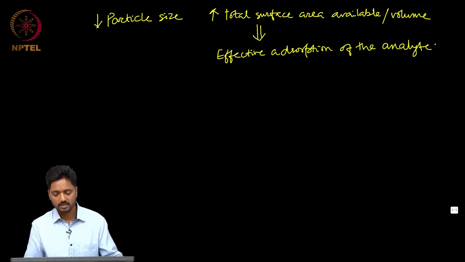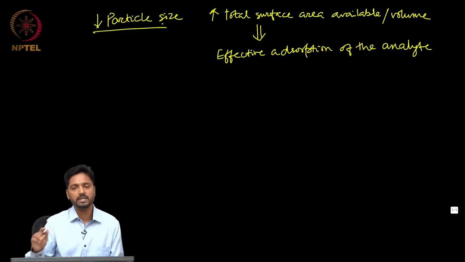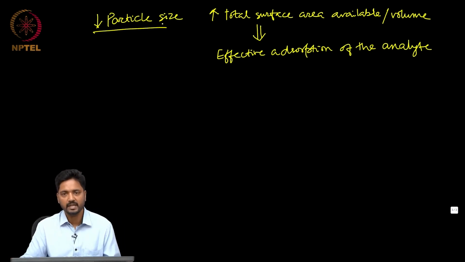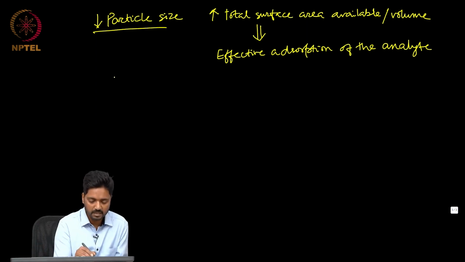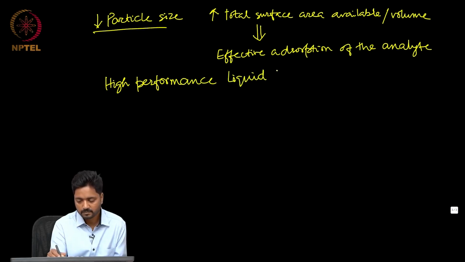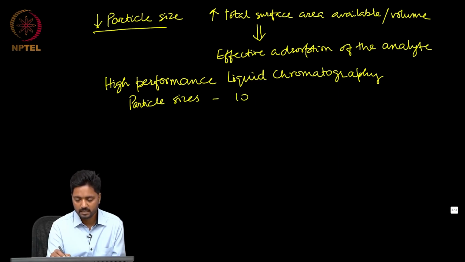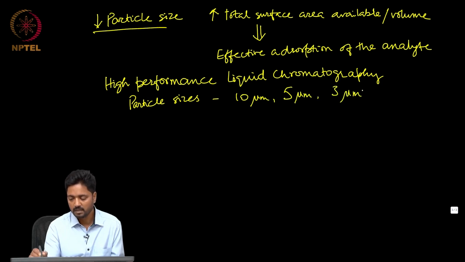So, obviously, the interest of chemists has been to achieve reduced particle sizes for undertaking chromatographic separations, and this indeed forms the basis of what is known as high performance liquid chromatography, where particle sizes of 10 micron or 5 micron or even 3 microns are routinely used.